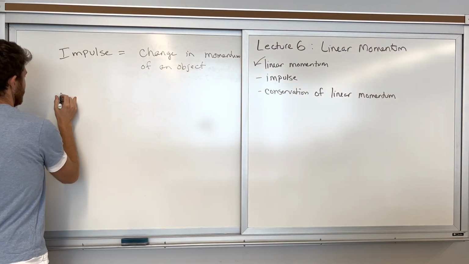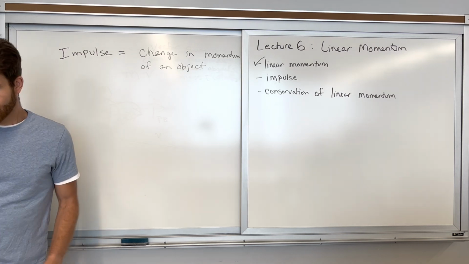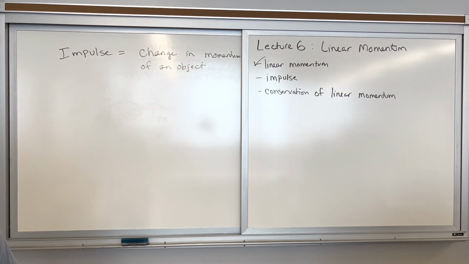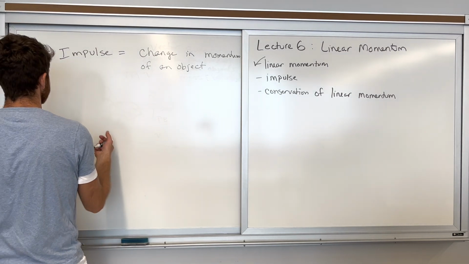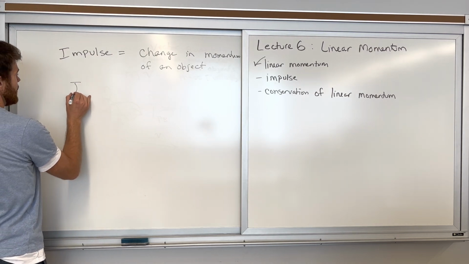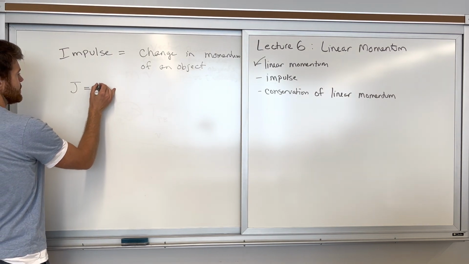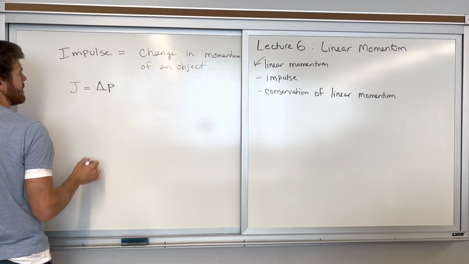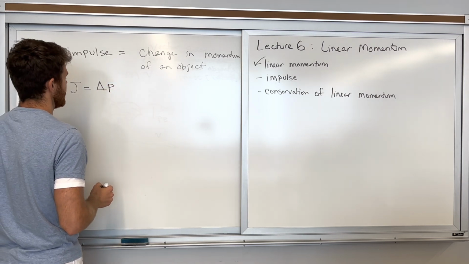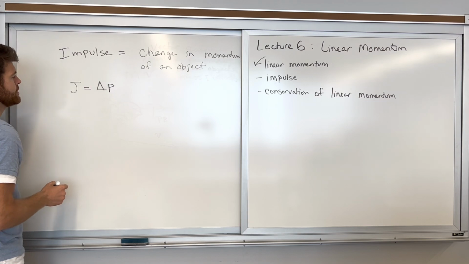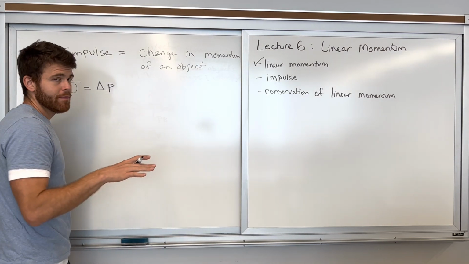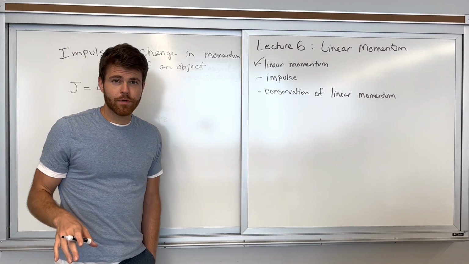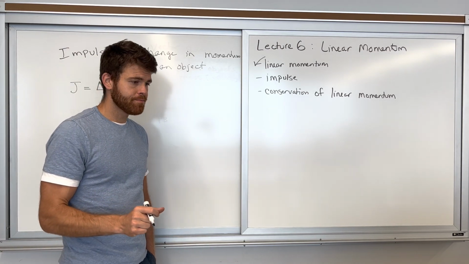So for impulse, I've traditionally used the letter J. It's a vector, equal to the change in momentum.